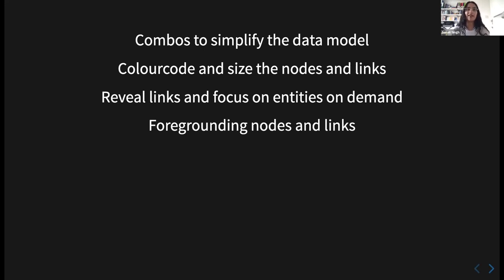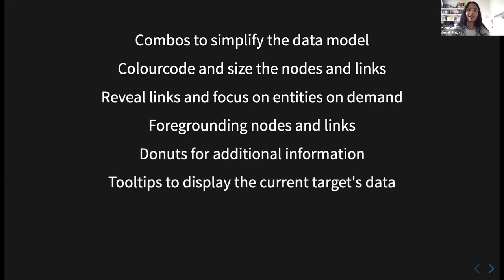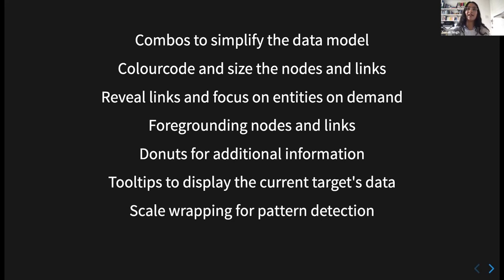You want to have that real-time reaction for users to get the information they need. Using donuts for additional information, as well as tooltips, is a great way of adding these features without visually cluttering, and scale wrapping for pattern detection with Chronograph for looking at patterns over a certain period of time.